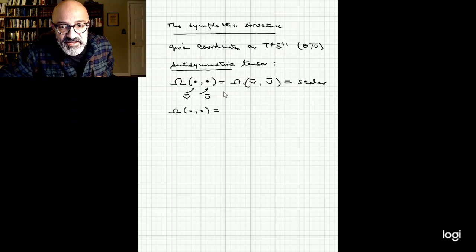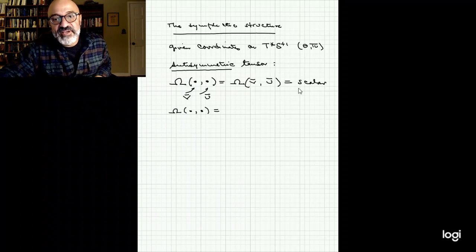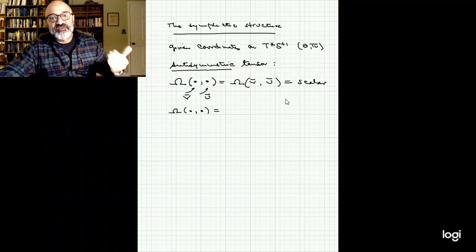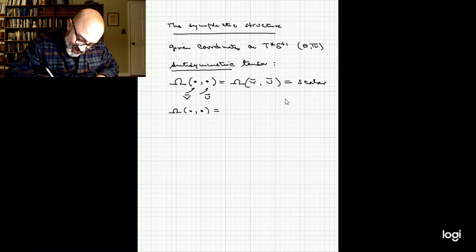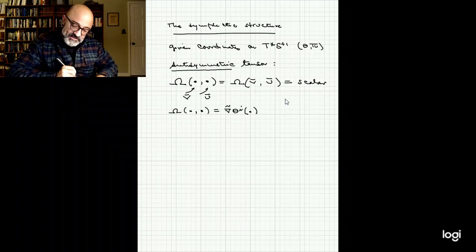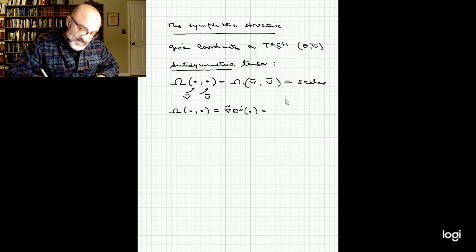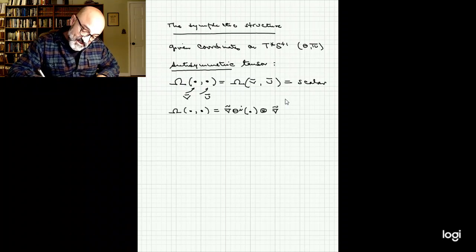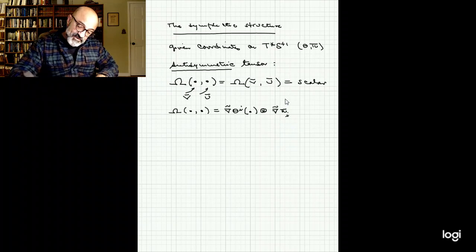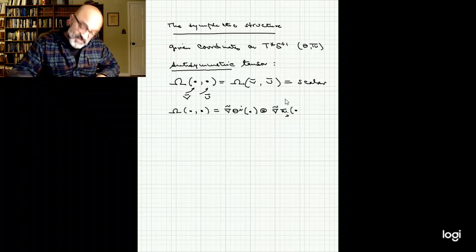What are the objects that have slots open so that when you act on vectors, you get scalars? Those are the covectors. So let us put here the covector theta, which can act on one vector, tensor product with the covector, the gradient of the coordinate pi, which can act on another.